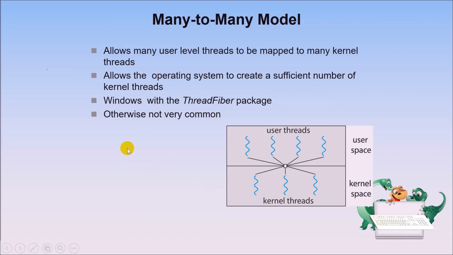Users have no restrictions on the number of threads created. Blocking kernel system calls do not block the entire process. A process can be split across multiple processors if you're using multiple processors, and individual processes may be allocated variable numbers of kernel threads depending on the number of CPUs present and other factors.